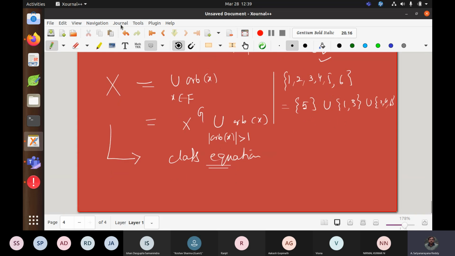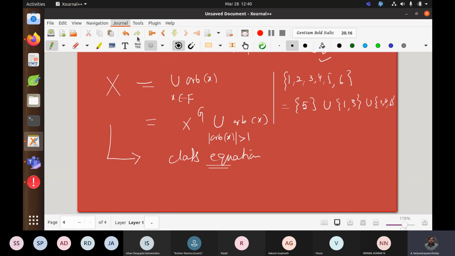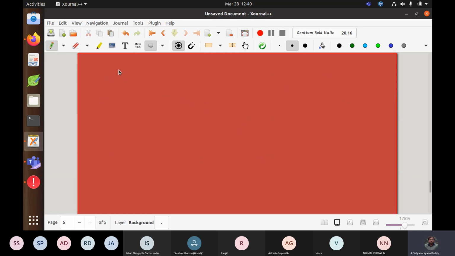You may be worried about the class equation we had earlier, so for that purpose I will now bring that in here. My group is G, my X is also equal to G. So now G acts on X. Can you give me one action?